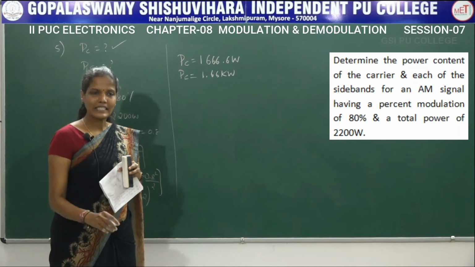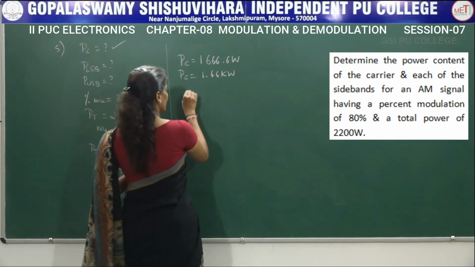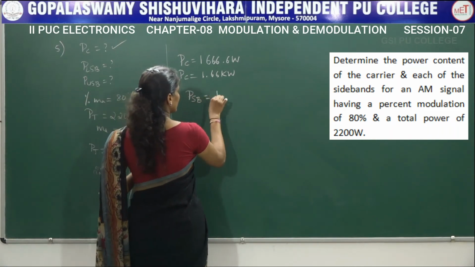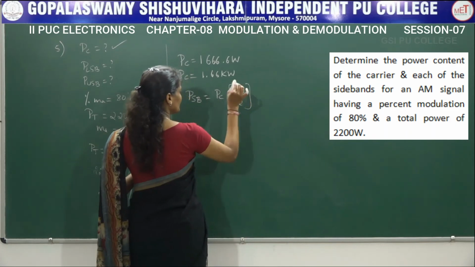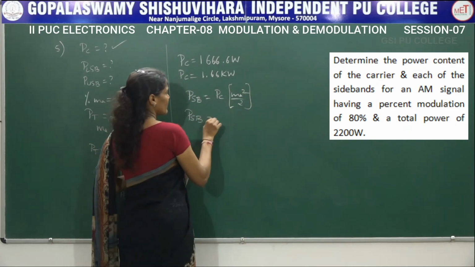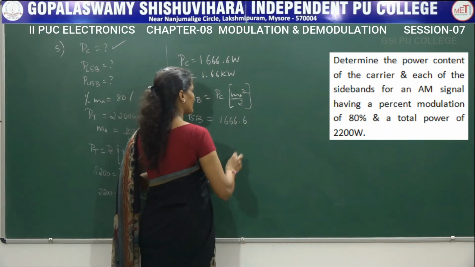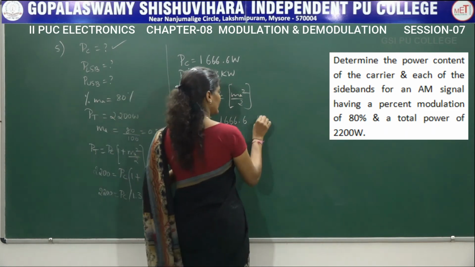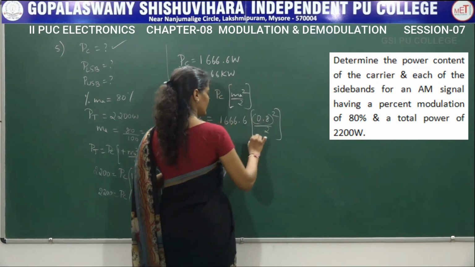We have a direct relationship between PC and PSB, which is PSB equals PC into MA square divided by 2. PSB equals the PC value we just found, 1666.6, into MA value 0.8 square divided by 2.